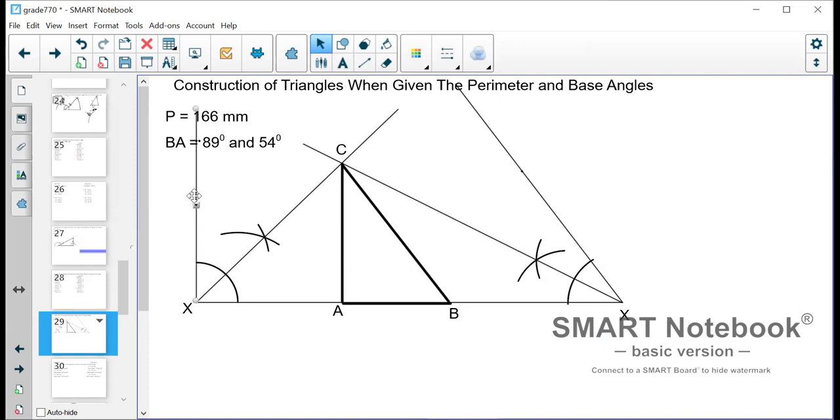Remember, we had to slide to get this one here. So parallel lines means they're going in the same angle. Likewise, this 54 degrees and this BC, they are parallel to each other, so they are going in the same angle. All right, so that helps us to get the base angles accurate.